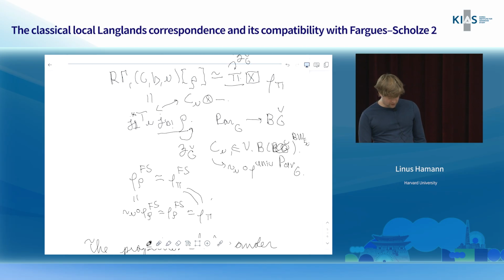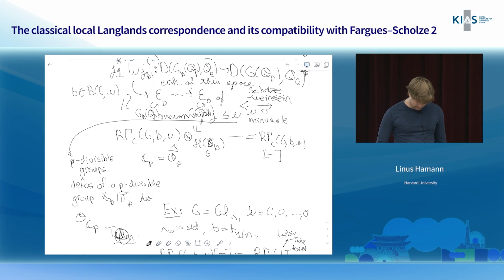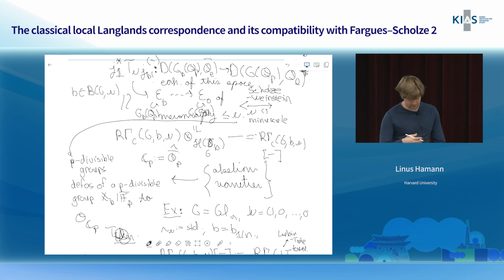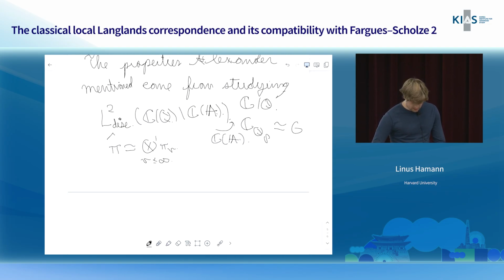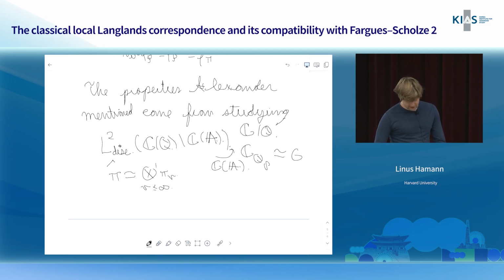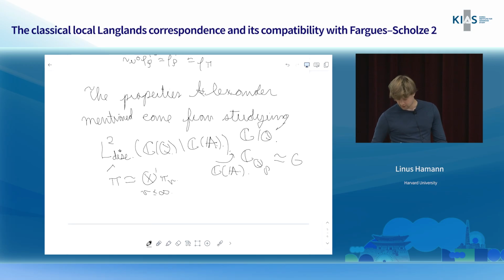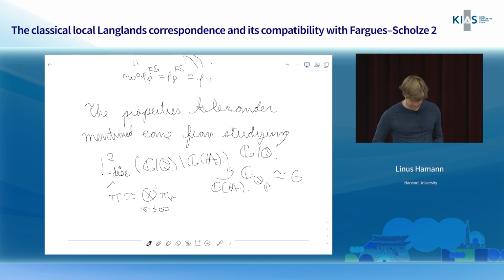The way we can do this is by noting, if we go back here, that these p-divisible groups really come from abelian varieties. The prototypical example is that you take an abelian variety and then you take the collection of its p-infinity torsion. And the moduli space of abelian varieties can be connected to this discrete automorphic spectrum appearing up here.